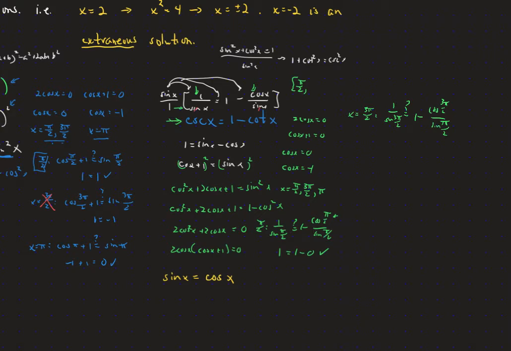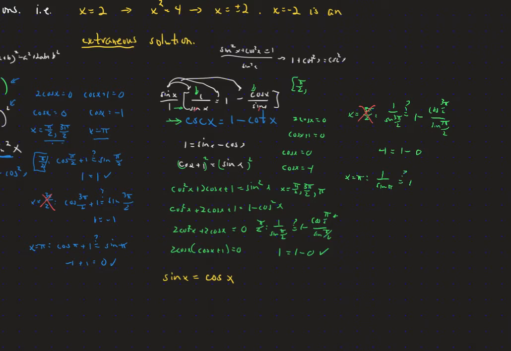So sine of 3 pi over 2 is negative 1. We have 1 minus cosine 3 pi over 2 is 0, and that's not going to work, and so that makes 3 pi over 2, again, extraneous. And if we check out pi, we're going to get 1 over the sine of pi.